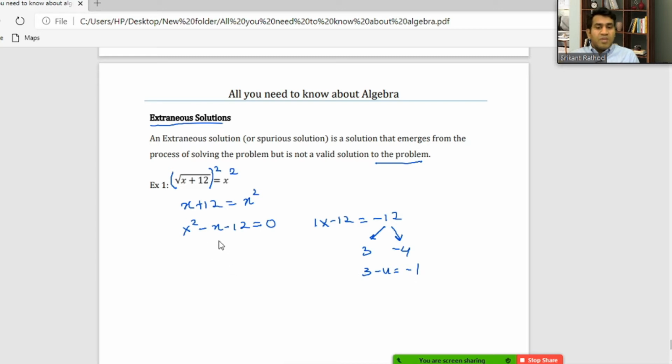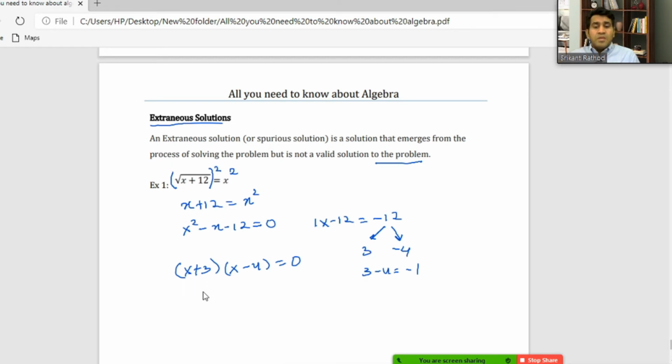For further detail you can refer to the previous video where we solved quadratic equations, but here I'll write it directly, because the factors here are x plus 3 and x minus 4 equal to 0. So plus 3 and minus 4 I can write in this way, right? These basically are the factors.